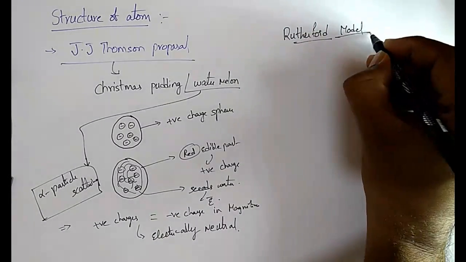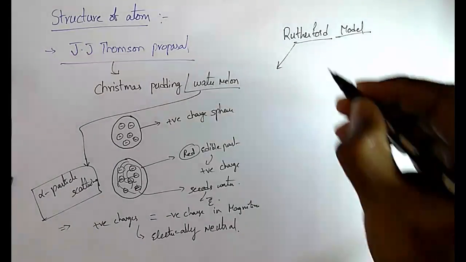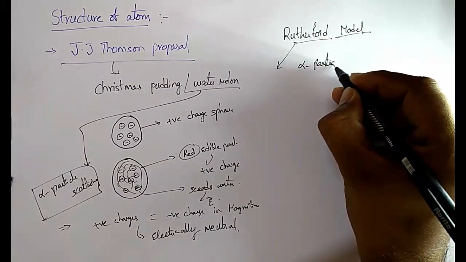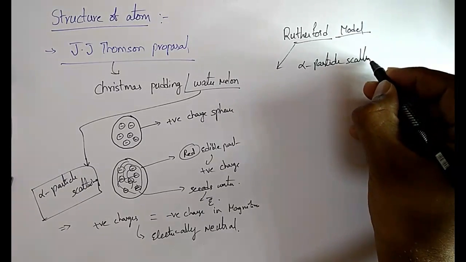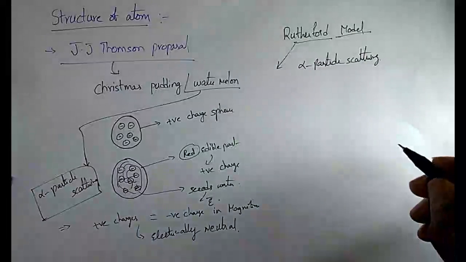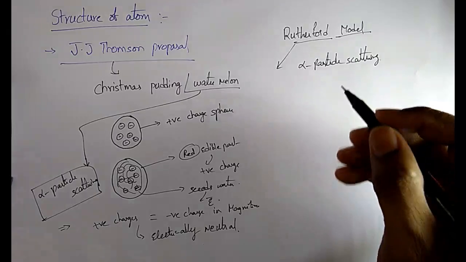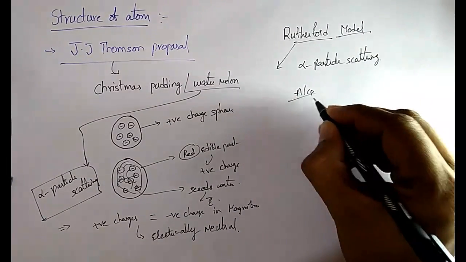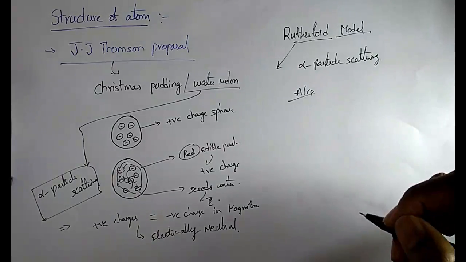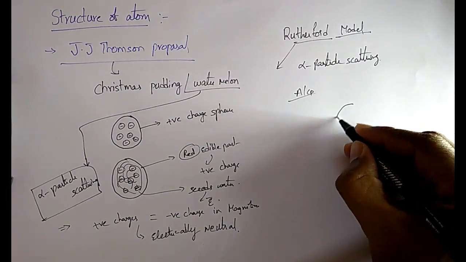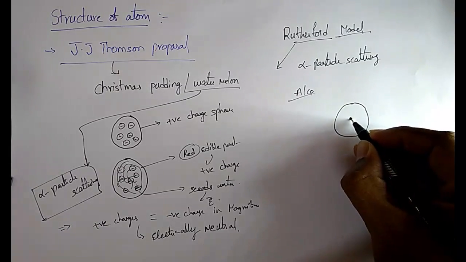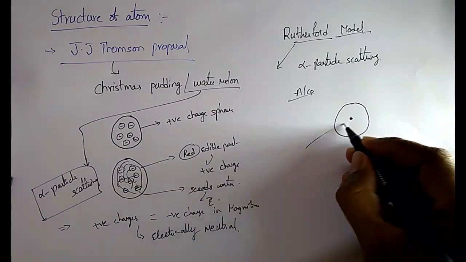Based on this, Rutherford conducted the alpha particle scattering experiment and proposed the model of the atom. According to the Rutherford model, if you take any atom, the center of the atom is called the nucleus.